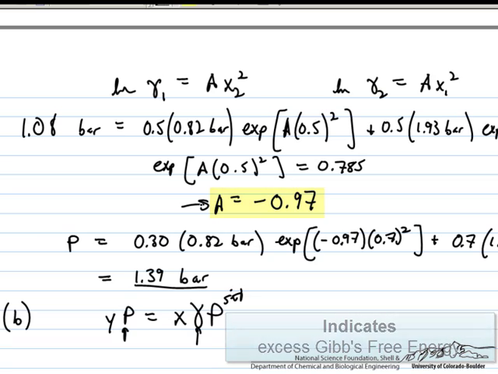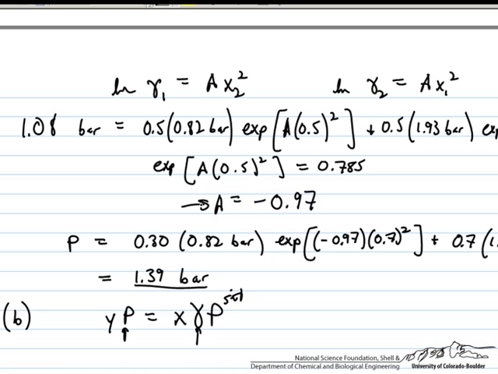Right, so they exhibit net attractive interactions, and because of these attractive interactions, it's harder to make stuff go into the vapor phase. And so therefore, the pressure that is required in order to compress an ideal solution completely into the liquid is greater than the pressure for this Margules case, for the real solution.